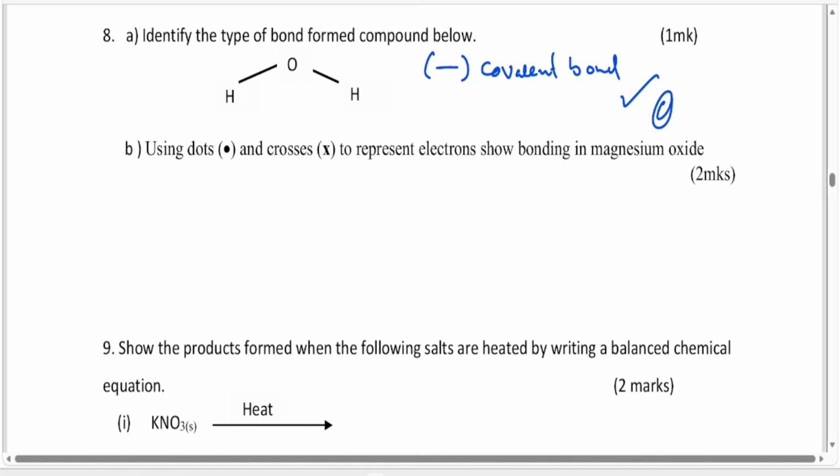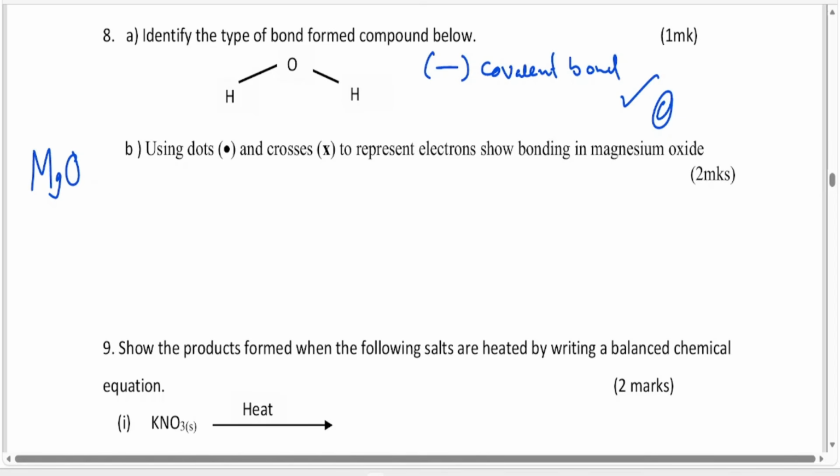Part B. Using dots and crosses to represent electrons, show bonding in magnesium oxide. So for magnesium oxide, we first need to know how to write the formula of magnesium oxide. Magnesium and oxygen bond forming an ionic bond, whereby we know there is complete transfer of electrons from one element to the other.